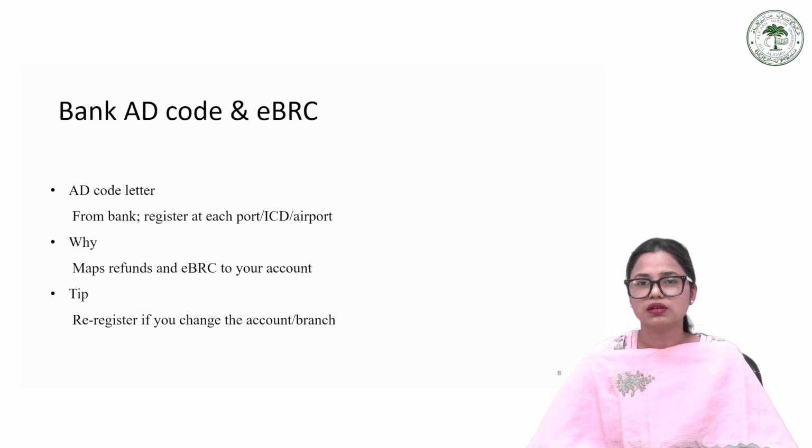So if you are shipping from 3 or 4 ports at a time, at every port you would be registering with your AD code letter. So this AD code letter is issued by the bank. Why is it needed? Because it maps refunds and eBRC to your account. Refunds for what?